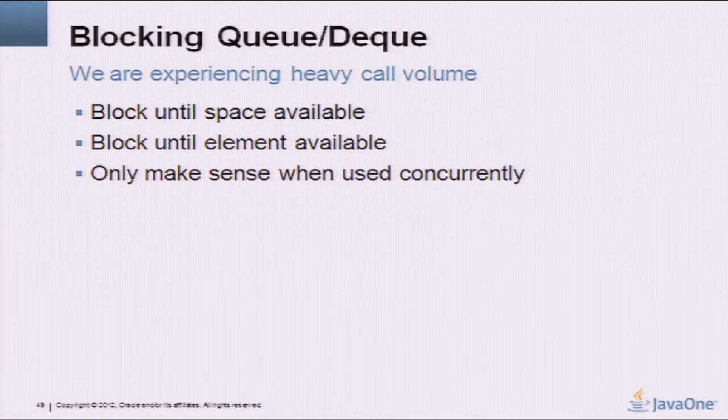The same happens when removing elements from the queue or Deque: I will block until an element becomes available. Because I'm blocking, it's absolutely essential that this be used concurrently. If there's no one else coming to add elements to the queue or remove them, I'll end up blocking forever. So these blocking queues really only make sense in concurrent situations.